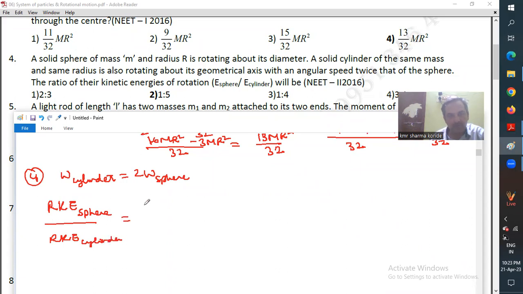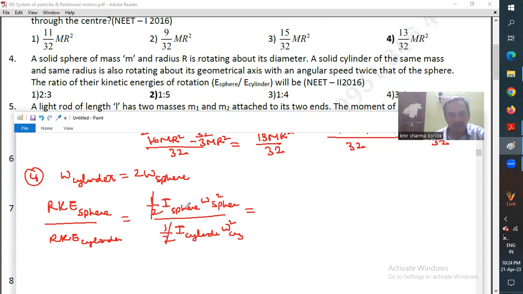So get back the formula. Half I, moment of inertia of the sphere, angular speed of the sphere whole square, divided by half moment of inertia of the cylinder with angular velocity of the cylinder. So therefore, half and half get cancelled.